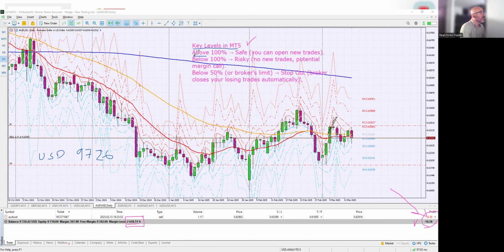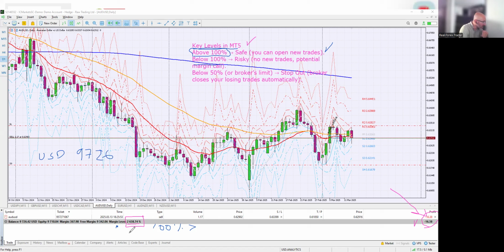Above 100%, right? If your margin level is above 100%, it means that you are cool. You're pretty safe to keep opening new trades. So your account is not at risk. What happens if your account is below?